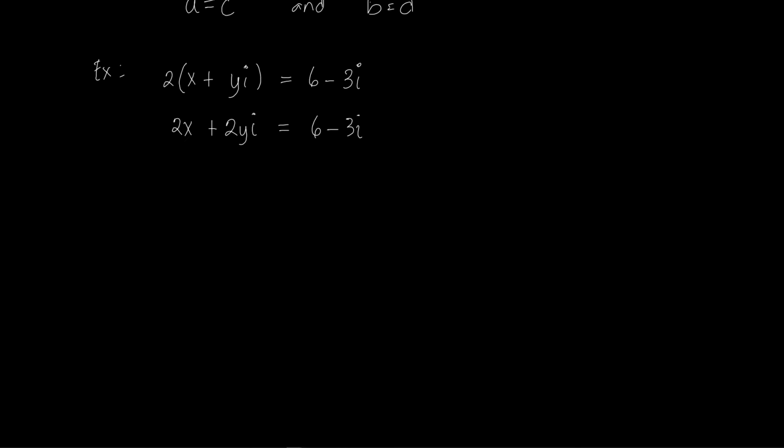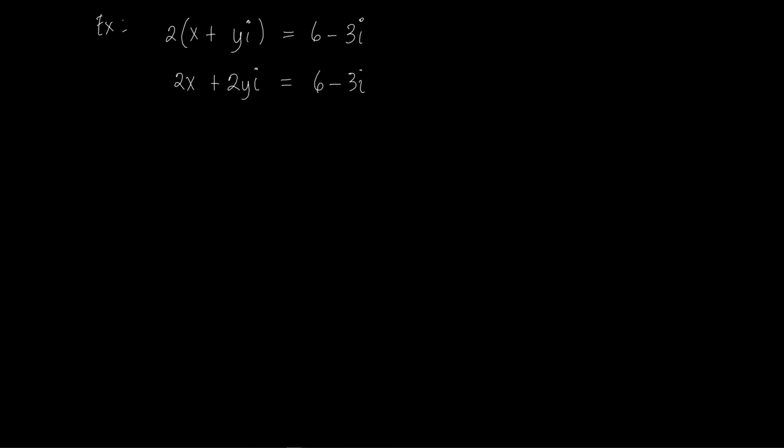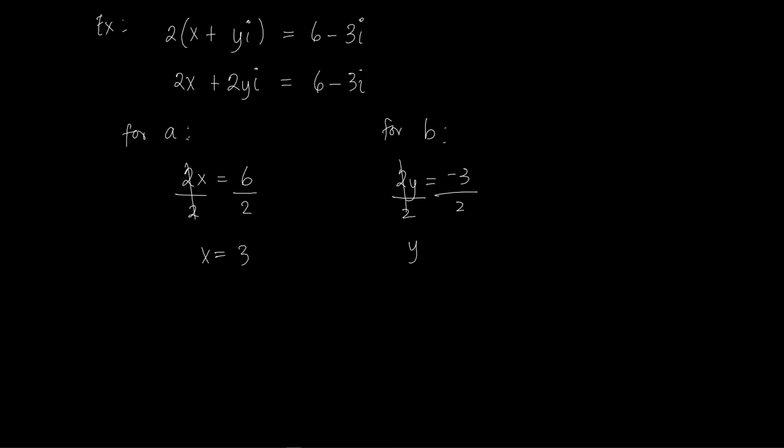So, for a, we have 2x is equal to 6. And for b naman, we have 2y is equal to negative 3. Then, solving for x, divide both sides by 2, we have x is equal to 3. And dito naman, divide both sides by 2, we get y is equal to negative 3 over 2.